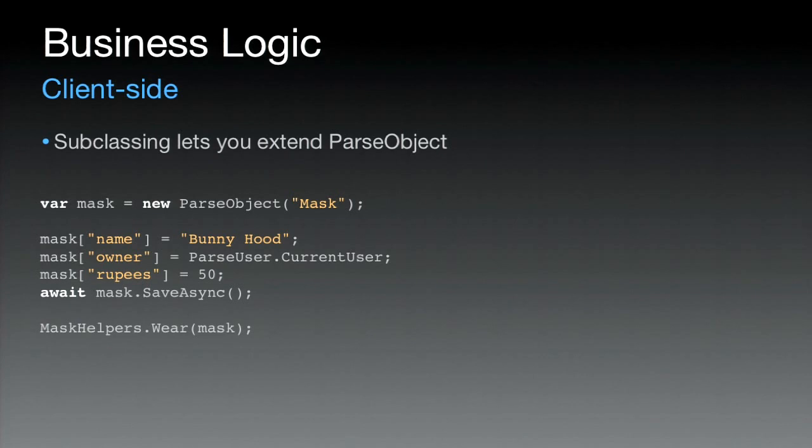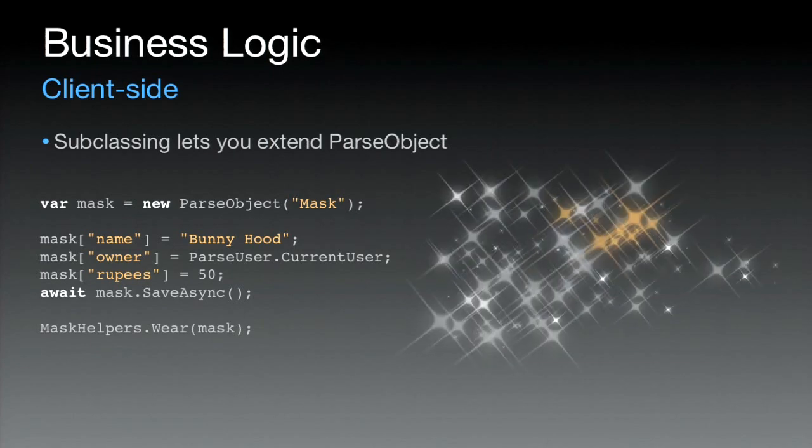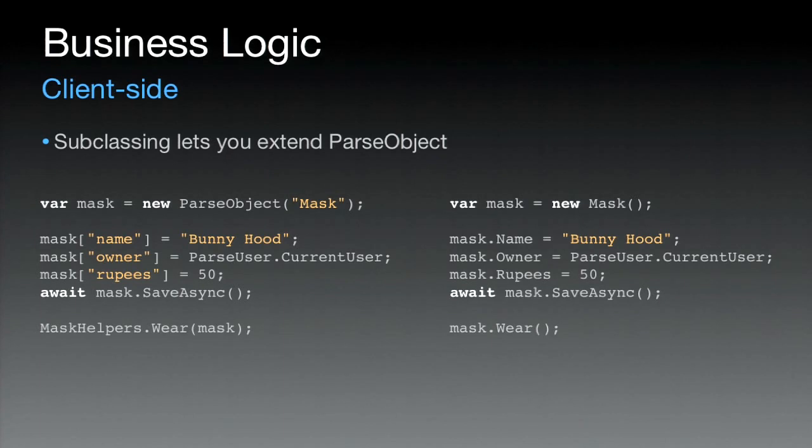It looks like a dictionary or a map in Java or an NSMutableDictionary in Objective-C. We saw Kevin talk about those familiar patterns. So I can take something that looks like that, subclass Parse object, and make it look more like this, where I've actually defined my own properties and my own methods on the Parse objects that have whatever custom logic I want, and I can now just use those on the client side.